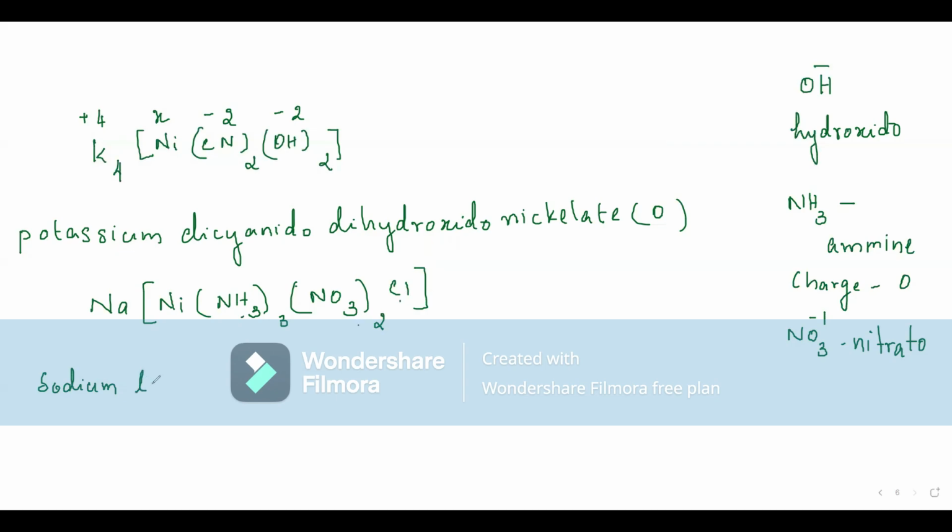So the alphabetic order, the first one will be triammine. A comes first in the alphabetic order, right? So triammine chlorido, dinitrato, the charge +1, x, 0, minus 1 into 2, minus 2, minus 1. So x minus 2 is 0 and therefore x will be 2.